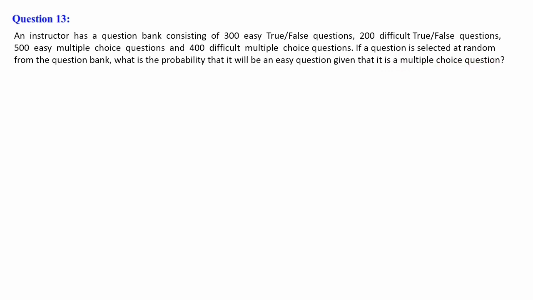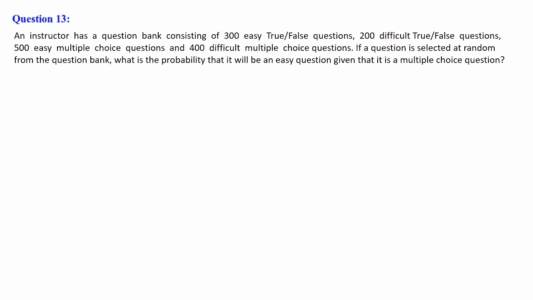The question wording is a little bit confusing. So like in LPP, we have to summarize the given conditions in the question so that it will be easy for us to write the probabilities. Here, there are two types of question: true or false and multiple choice questions. The difficulty level is also of two kinds, easy and difficult.